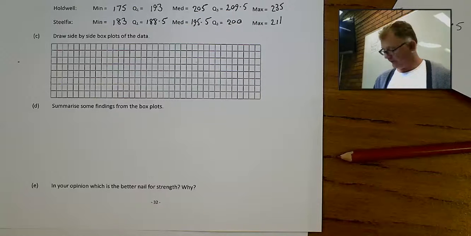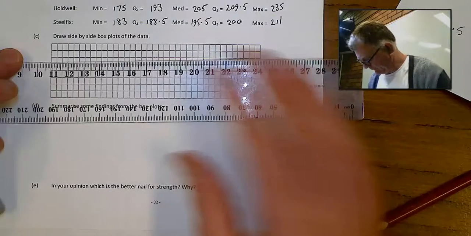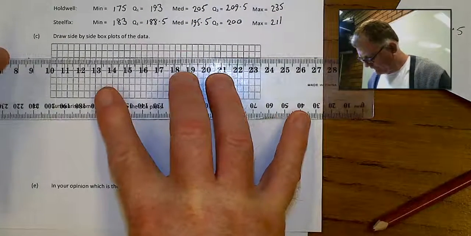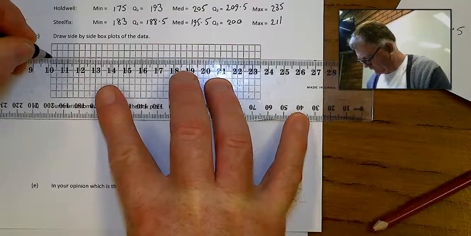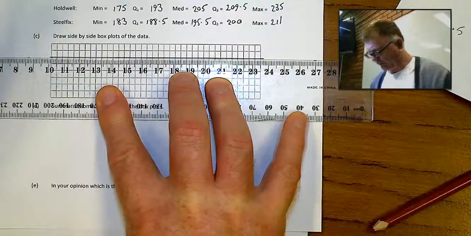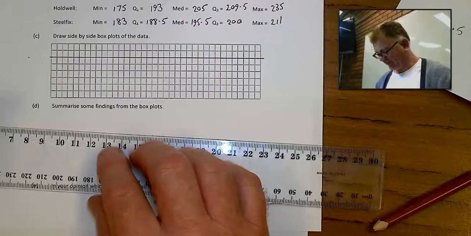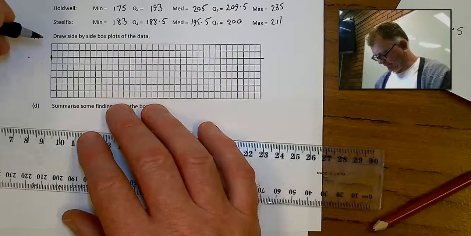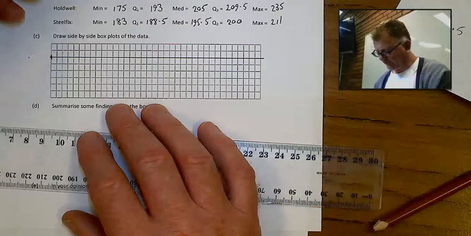Okay, so to do the box plots, we draw a scale on here. Now we've got to have a smallest number of 175 and a biggest number of 235. I think we're going to have to probably go up here in 5 squares equals 10, so I'll start from 170.